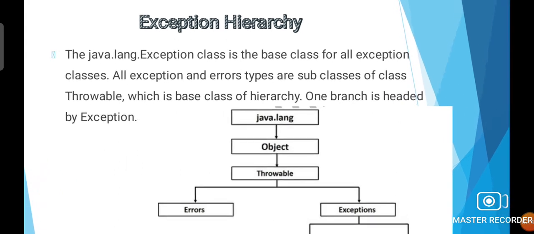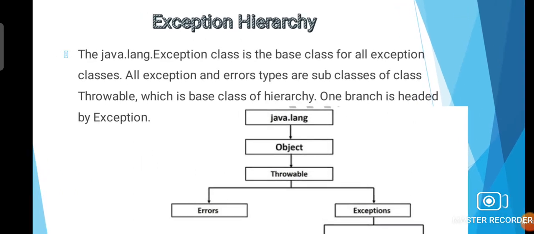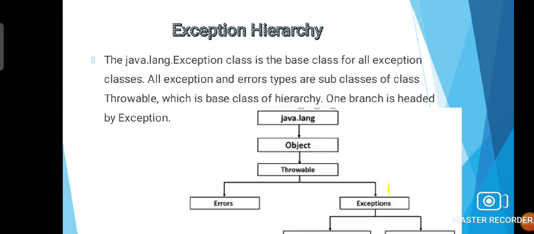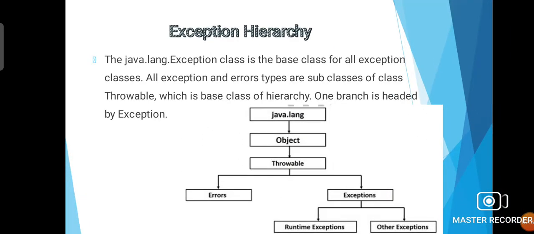Now we can see the exception hierarchy. For handling exceptions, we have many built-in classes, and the base class is java.lang.Exception. The exception class is present under the package java.lang. All the exception and error types are subclasses of the class Throwable, which is the base class of the hierarchy.